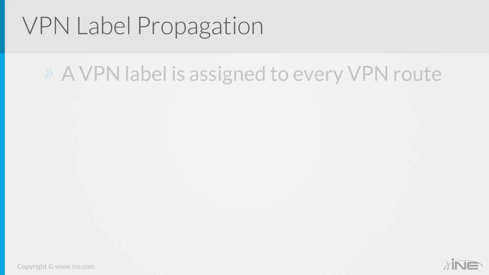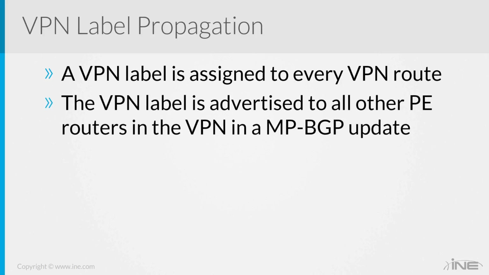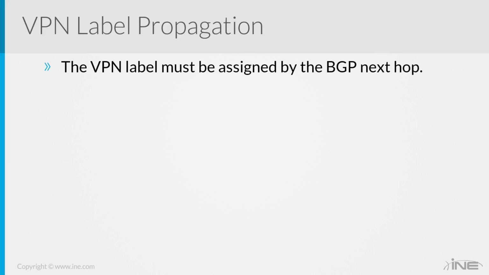A VPN label is assigned to every VPN route. The VPN label is advertised to all PE routers in the VPN in a multi-protocol BGP update. The label stack is built in the VRF table. The VPN label must be assigned by the BGP next hop, which is going to be your connection to the remote PE device.